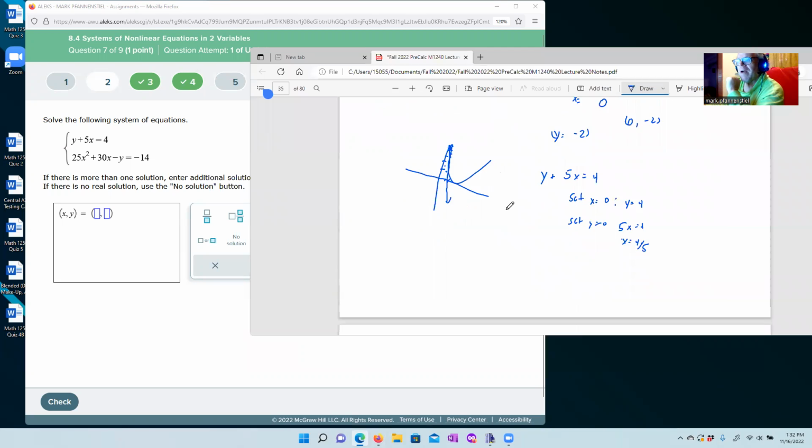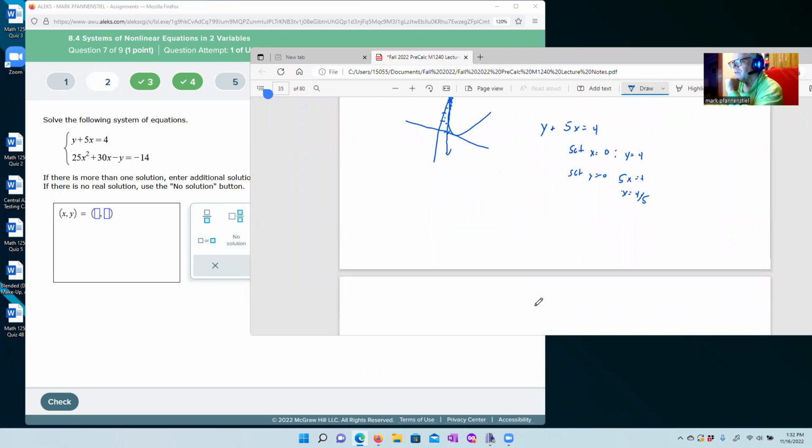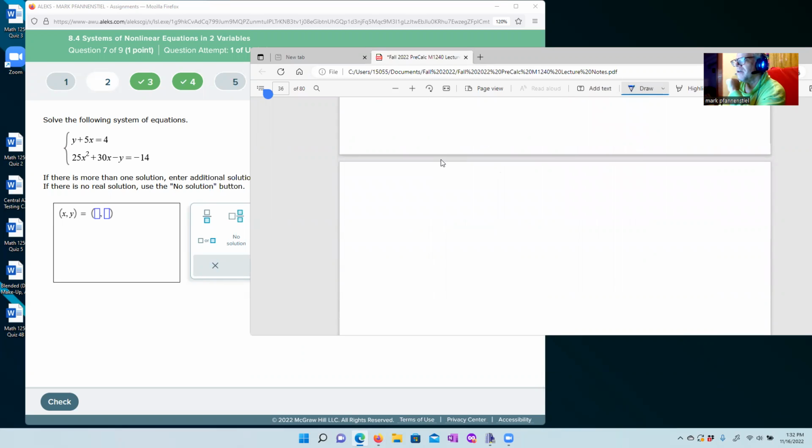So I've got y plus 5x is equal to 4. So we'll go ahead and write that down. So we have y plus 5x is equal to 4, and I've got 25x squared plus 30x minus y equals negative 14. So in this case, we have a minus y.